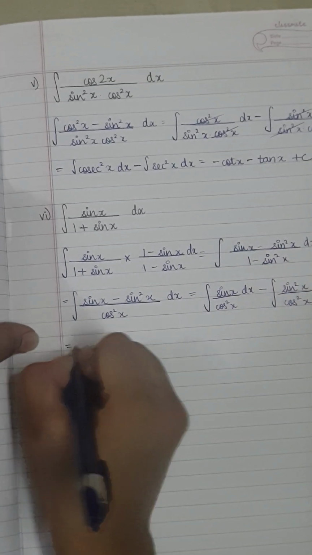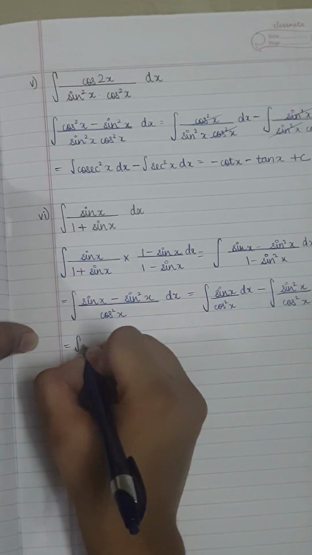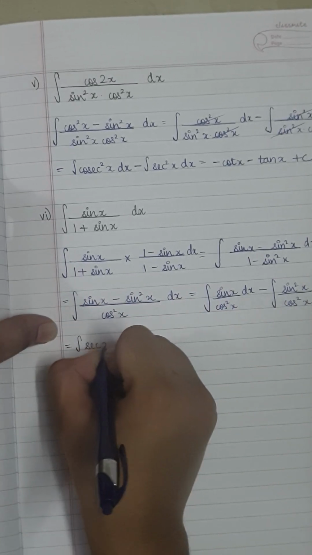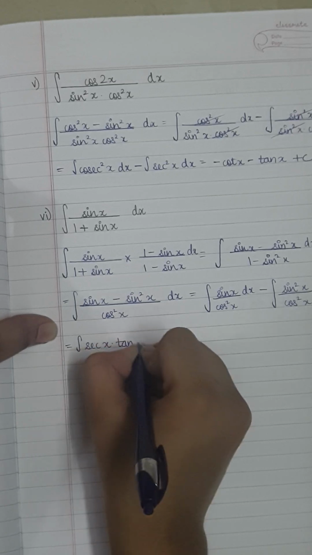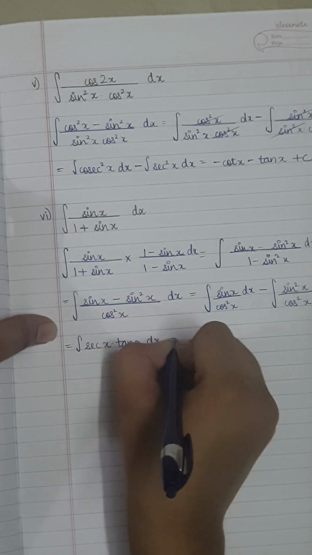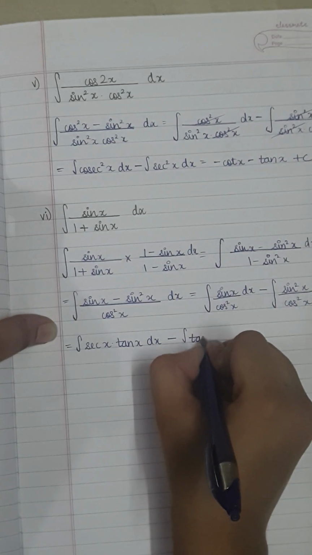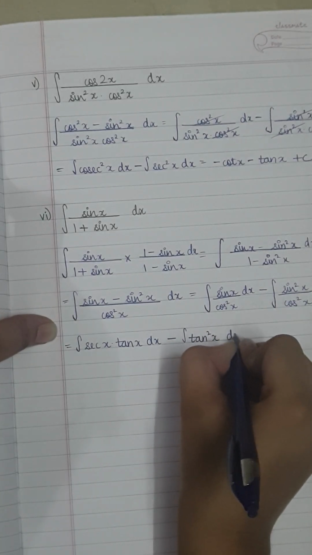What you can write that as is sin x by cos square x can be written as sec x tan x. So sec x tan x dx minus sin square by cos square is written as tan square x dx.